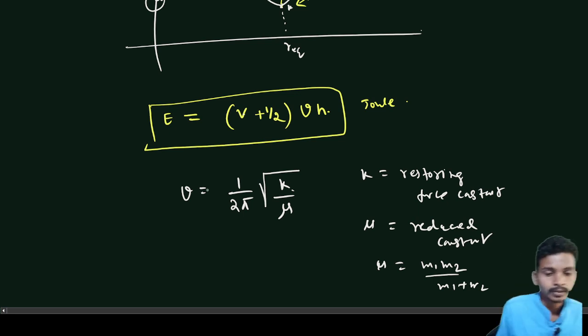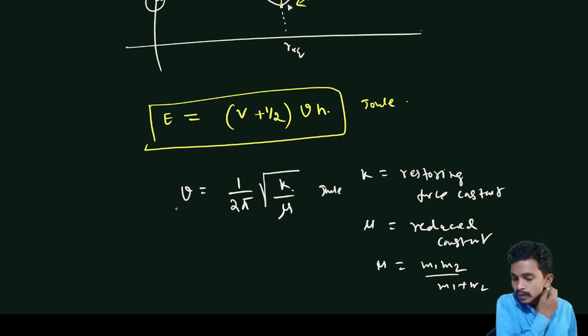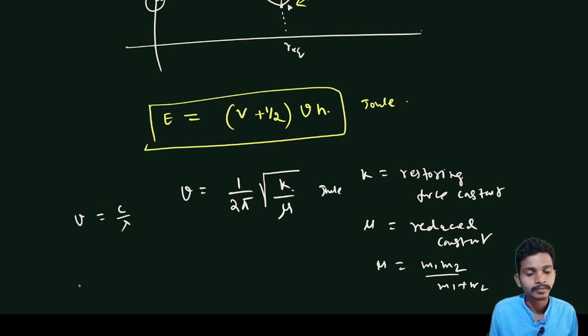Now this is in joule. So now, nu equals C upon lambda, because C equals nu into lambda. If you want this in centimeter, because this is in joule, but we want everything in centimeter whenever we are talking about spectroscopy.